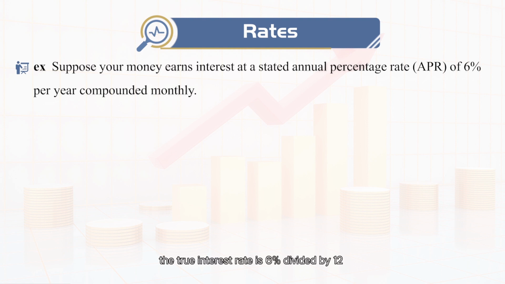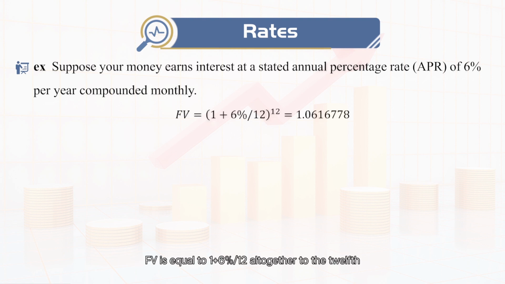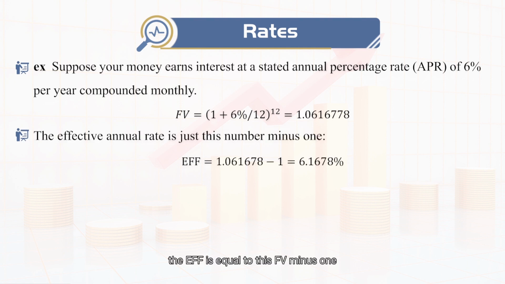That is, the true monthly interest rate is 6% divided by 12, and the frequency of compounding is 12 times per year. For each dollar we invest at the beginning of the year, we can calculate its future value FV at the end of the year. FV is equal to (1 plus 6% over 12) to the 12th. And then the EFF is equal to this FV minus 1.